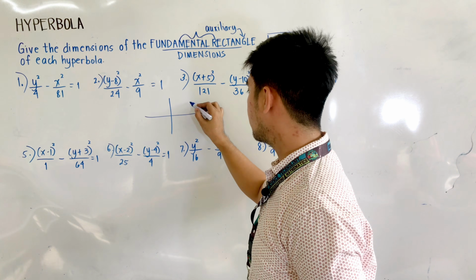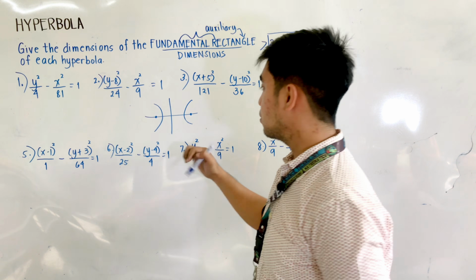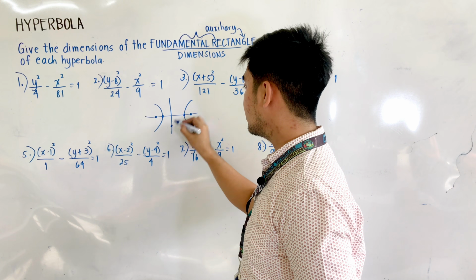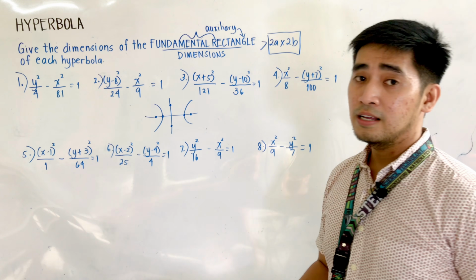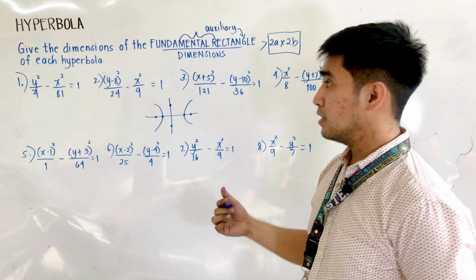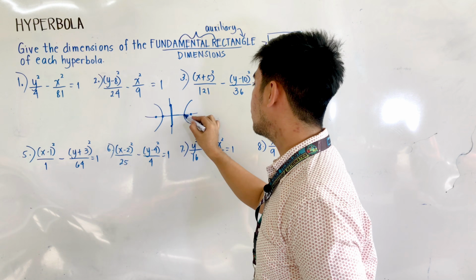This is a horizontal hyperbola. In a horizontal hyperbola, these are your foci, these are your vertices, and these are your co-vertices. When you're asked to get the vertical length, this is our vertical length and this is our horizontal length.